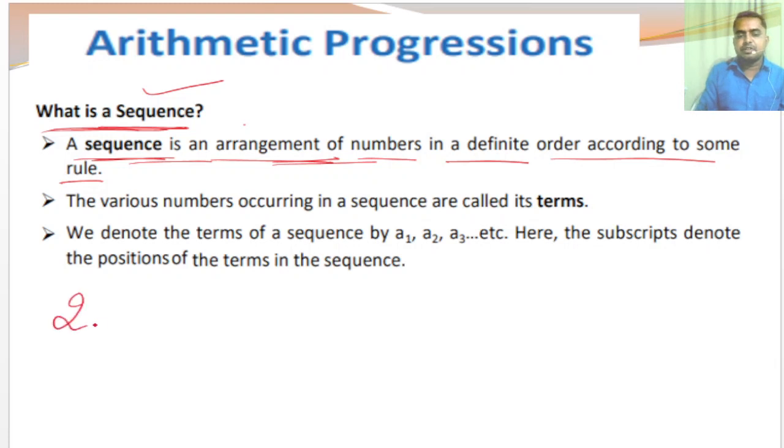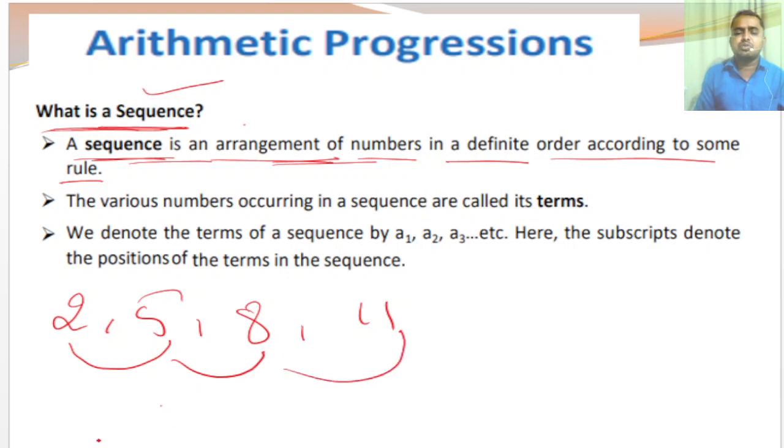For example, 2, 5, 8, 11. It is a sequence. Here we are arranging the numbers in a definite order according to some rule.